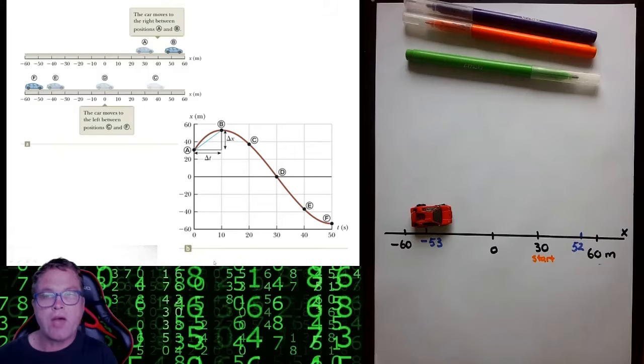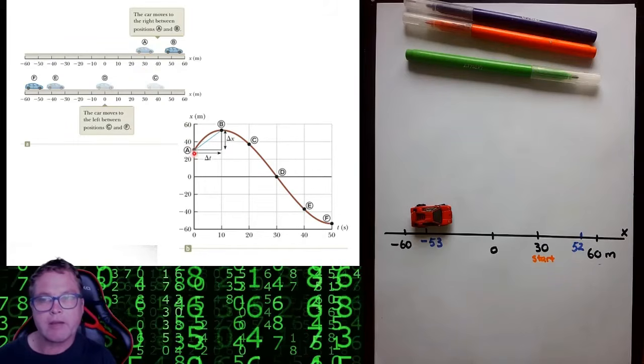We can also plot a graph of the position. So if we would like to plot a graph, on the y-axis we're going to plot the displacement of the car, and on the x-axis we're going to have the time running by. You see, at time t equals 0, we see the car is at 30 meters.